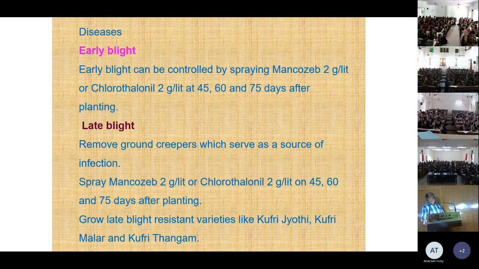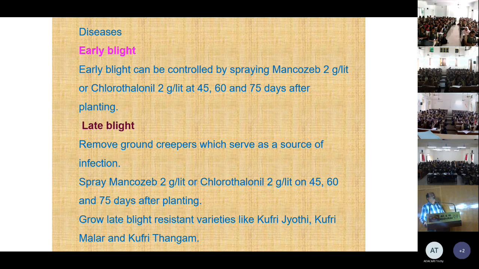Regarding diseases, early blight and late blight are the important diseases in potato. They can be controlled by spraying mancozeb or chlorothalonil at 2 gram per liter, 45, 60 and 75 days after planting. In late blight, sometimes creepers also grow along with the potato crop. They are an important source for infection, so we have to eliminate the creepers and spray mancozeb 2 gram per liter or chlorothalonil 2 gram per liter 45, 60 and 75 days after planting.